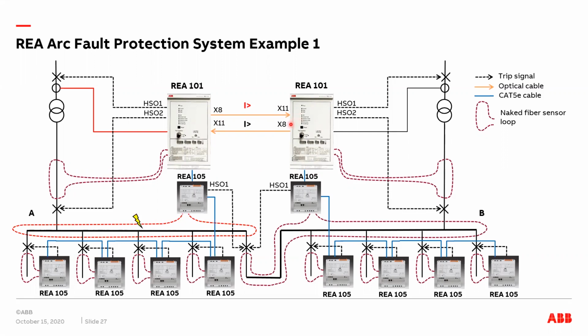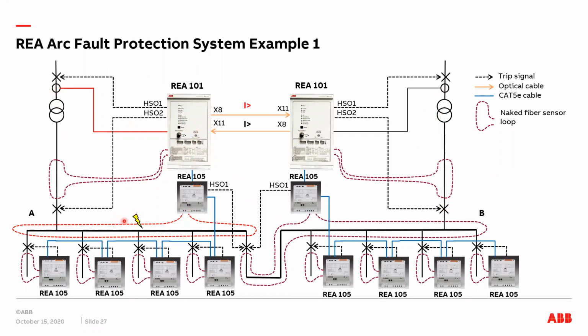So, for example, it can happen that only one of the incomers is feeding, and let's say, for example, this breaker is closed, and on this side it's open.